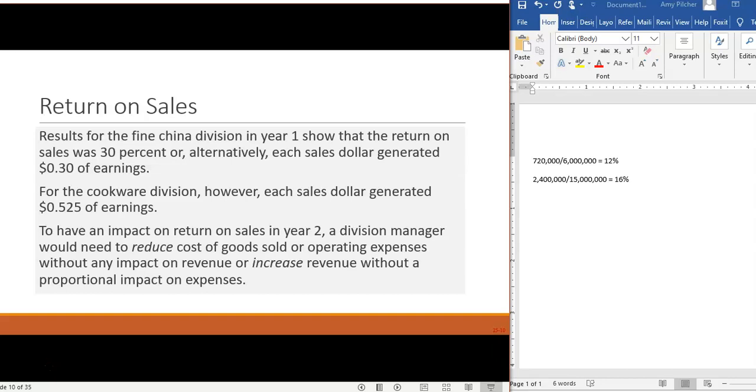So when we need to look at the impact on return on sales, we would need to reduce cost of goods sold or operating expenses without any impact on revenue, or increase revenue without a proportional impact on expenses in order to change that return on sales amount. So we have to reduce our fixed expenses, because remember, our variable expenses are going to change in relation to sales, or additionally improve our sales without increasing fixed expenses in order to change that return on sales percentage.